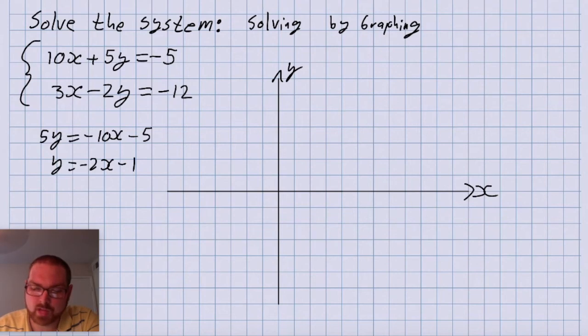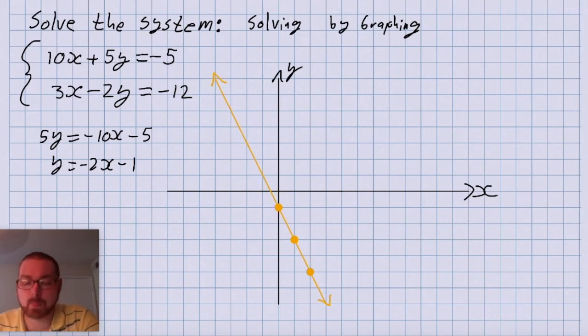And I'm going to graph it. I'm going to graph them each in a different color. So it goes to minus 1, and it goes down 2 over 1, down 2 over 1. So then I can connect all of my points, like so.